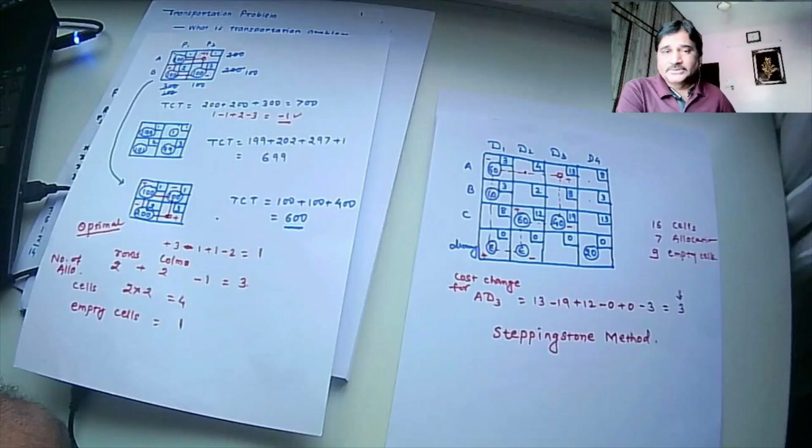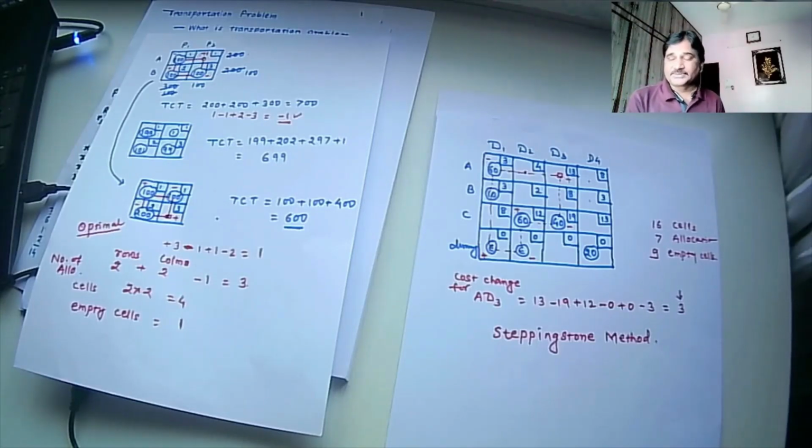So if we fall short of 7 allocations, then we have to do the allocations from our side, and they should be according to the norms for allocated cells: allocated cells should not form a closed circuit or closed loop among themselves by drawing horizontal and vertical lines. We change the direction from the allocated cells only, right?